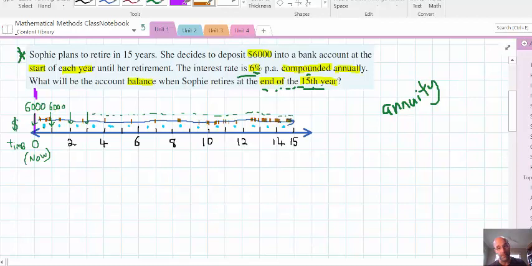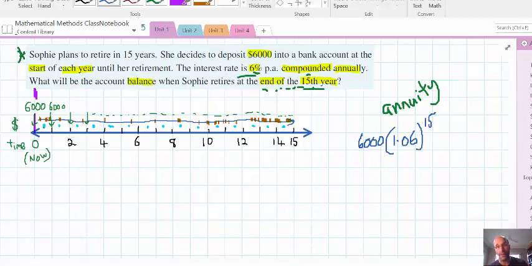It's a bit like its own little investment, and it does 15 years of work at 6%. And we know how to work out how much that part of it accrues to. That part accrues to 6,000 times 1.06 to the 15.